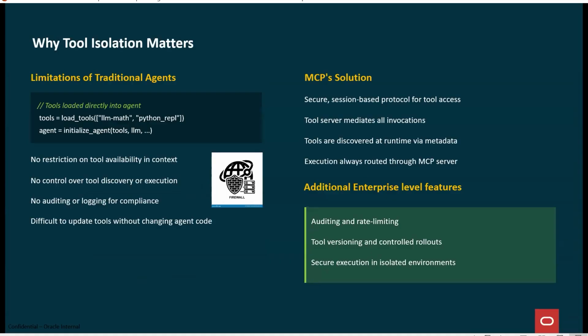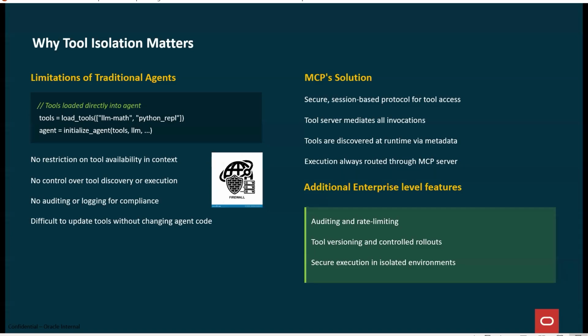In the traditional setup, the tools are loaded directly into the agent. You can see in the example, you are basically embedding things like a math tool or a Python REPL straight inside the agent. The problem with this approach is there are no restrictions.